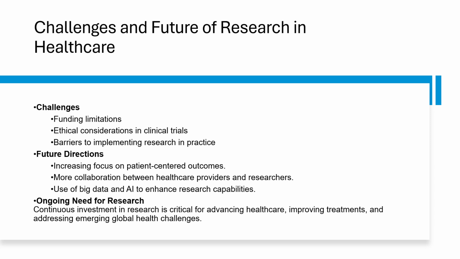For example, if you're working within the University of Bradford, developing cancer treatments for any type of cancer, you need to have networking or collaboration with the NHS, such as Bradford Royal Infirmary Hospital, which has research going on, so it can be a collaboration between two institutes. Also use big data and AI to enhance research capabilities.